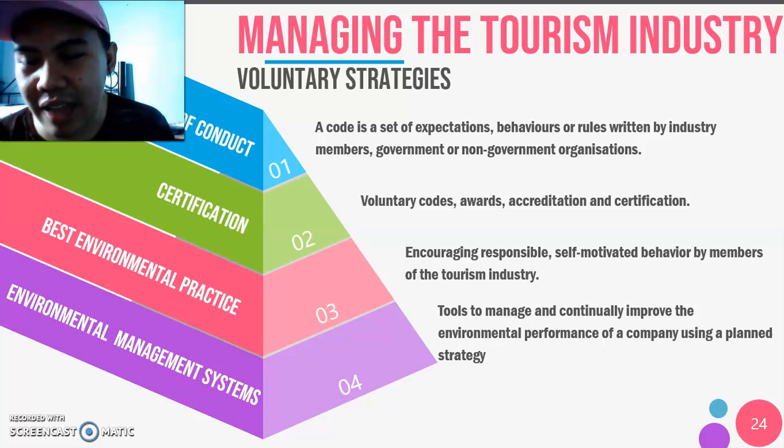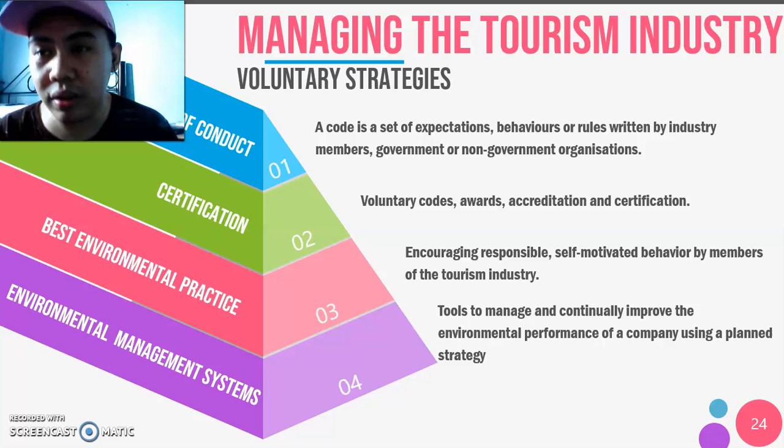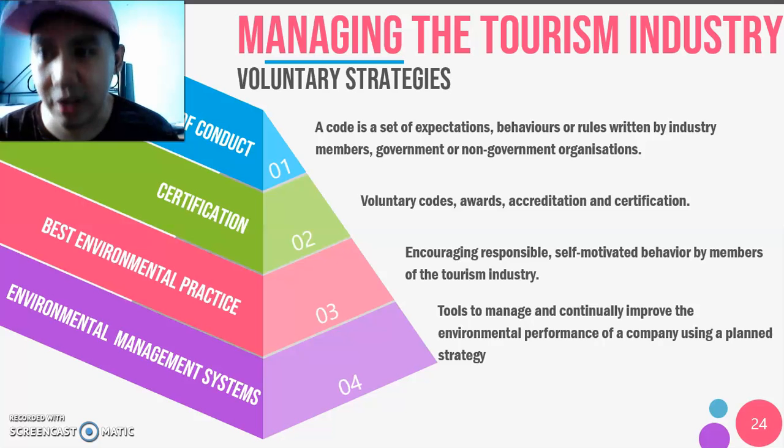Okay, and next is best environmental practice. You have to voluntarily do the actions that will protect the environment, so all those actions will be known as best environmental practice. Okay, and lastly, the environmental management system, which is a system created by government or NGO in order to protect the environment.